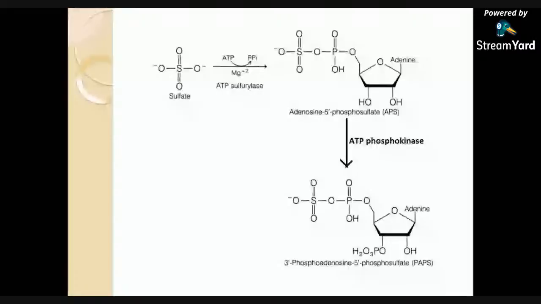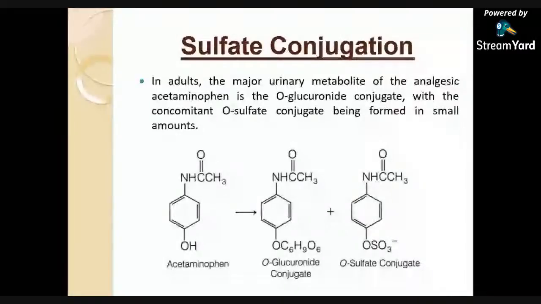Then in adults the major urinary metabolite of the analgesic acetaminophen is the O-glucuronide conjugate, with the O-sulfate conjugate being formed in small amounts. So you can see here the acetaminophen, and it gives the O-glucuronide conjugate and the O-sulfate conjugate as end products.